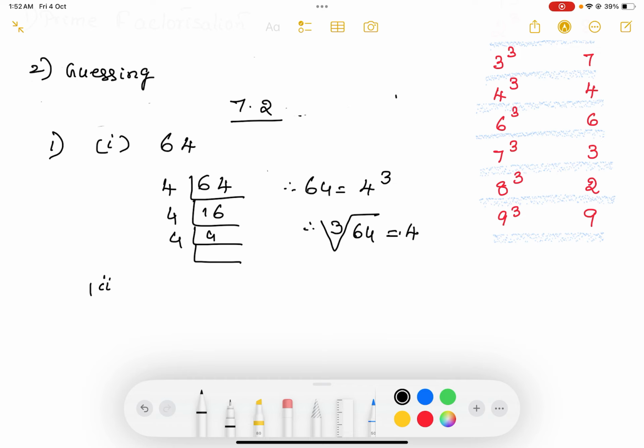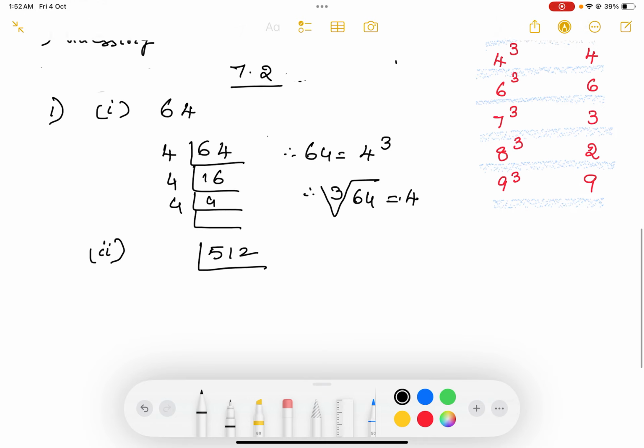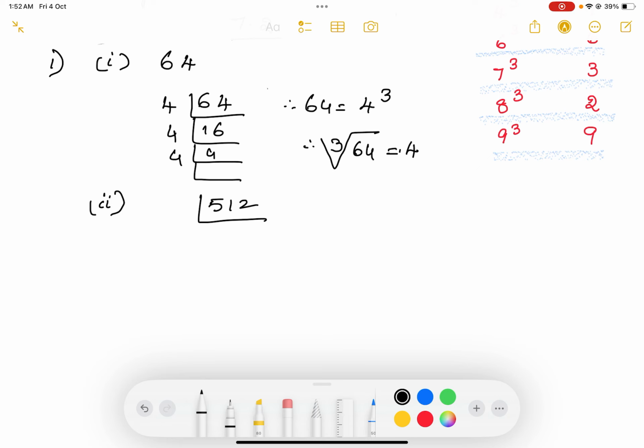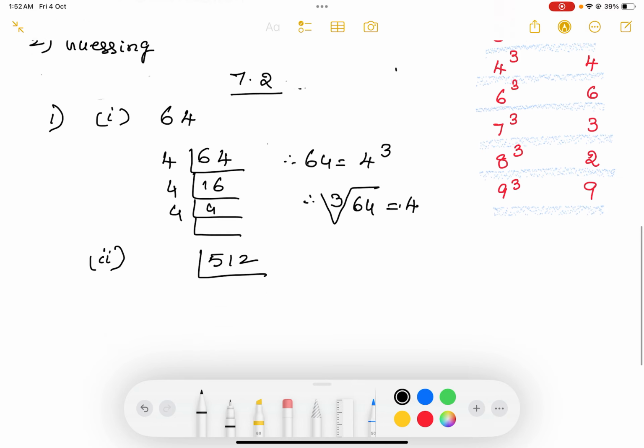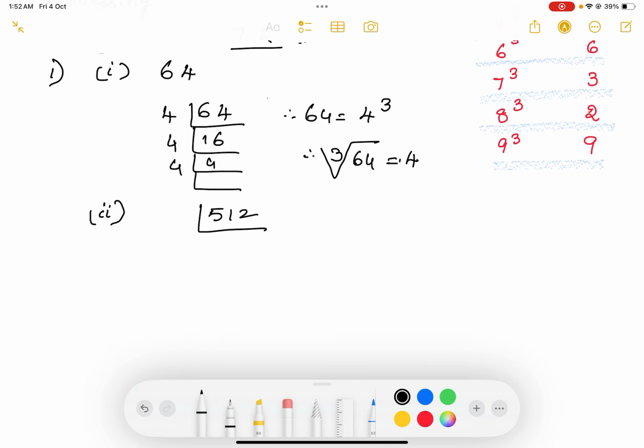Yes. Now let us go to the second one in the same sum, which is 512. We know that it is 8 cubed. See, the units place digit is 2, and 2 corresponds to 8. So this you have to memorize. Now 4 ones are 4, 4 twos are 8, 4 eights are 32, and again 4 eights are 32, and again 4 is 8.